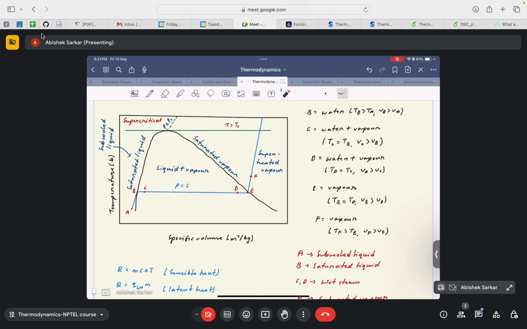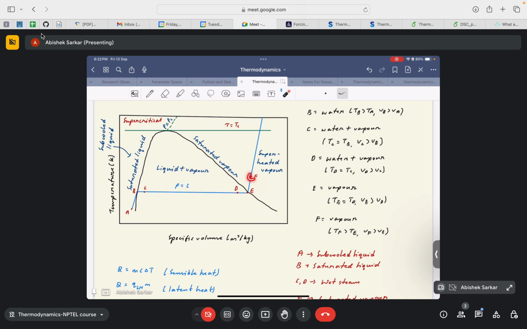But now if we heat this dry saturated vapor beyond point E, beyond the saturated state, we will observe an increase in temperature, because heating beyond point E will incur a sensible heating from point E to F, which can be realized by the fact that the point has now shifted vertically from E to F. So there is a change in temperature, so we will observe a sensible heating.